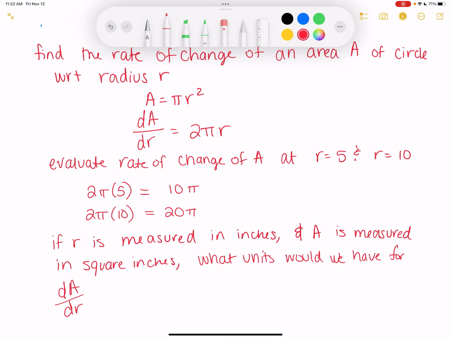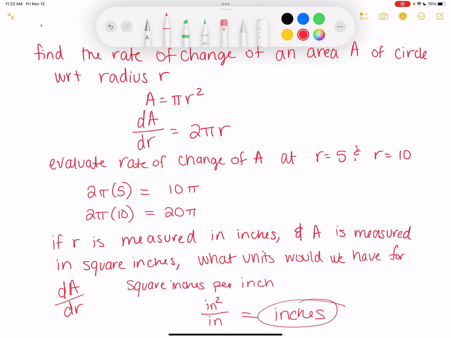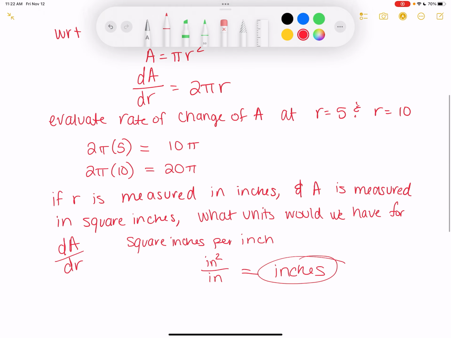So basically that would look like square inches per inch. Okay, meaning something like this, which would just be equal to inches. So that would be the answer to that particular question if that was asked.